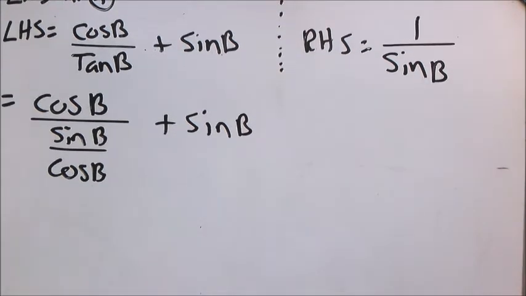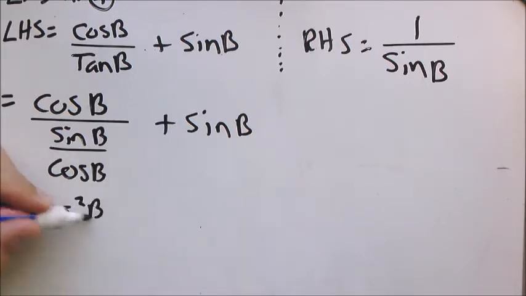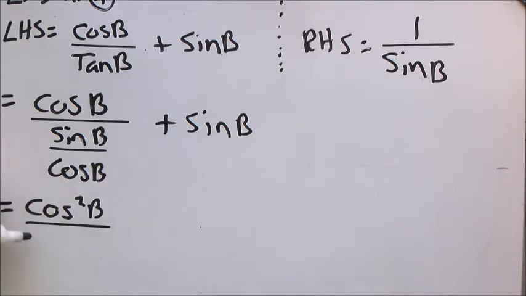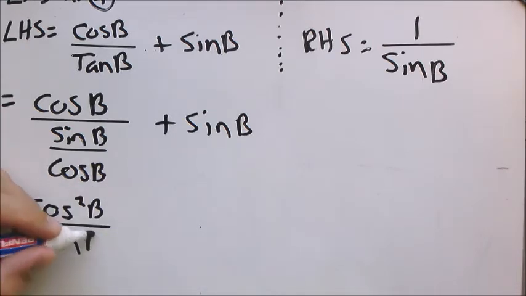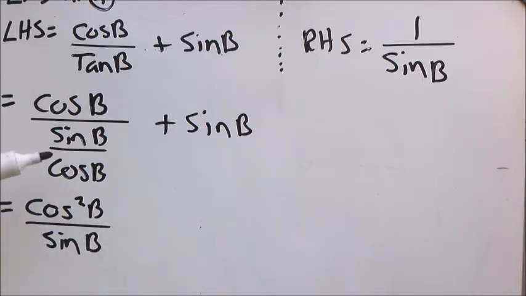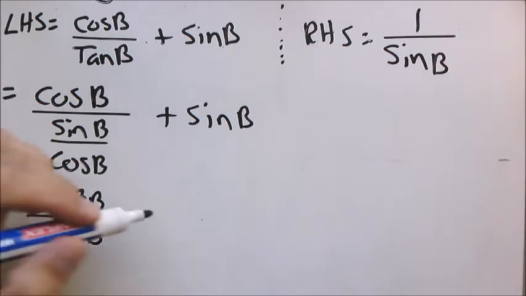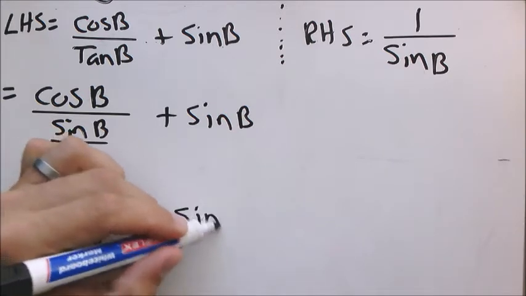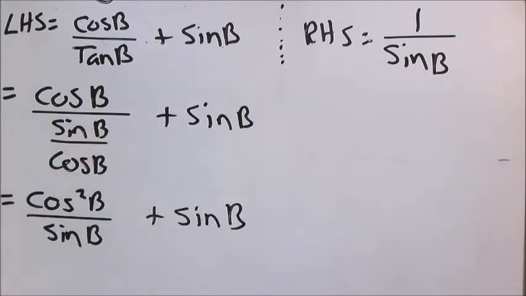Okay, now let's divide, and you will see that this becomes cos squared beta over sine beta. If you multiply with the reciprocal of the denominator there, it will become this, and do not forget the sine beta, that's still there.